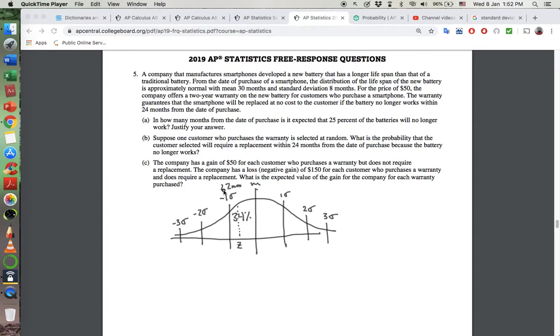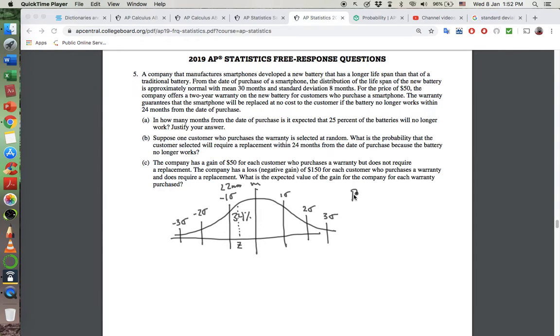So we know that we're somewhere between 22 and 30, and in fact a little bit further up from 22, since we're looking at Z for 25% of the batteries, which is basically saying that if you're a customer and you buy a phone, then there's a 25% chance that your battery won't work within this time period.